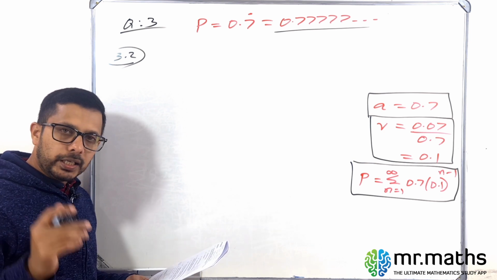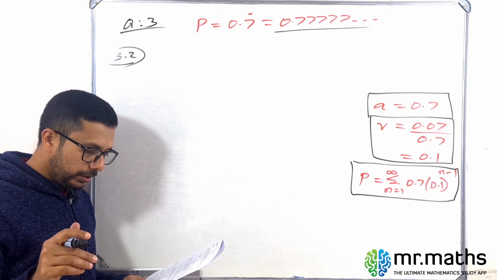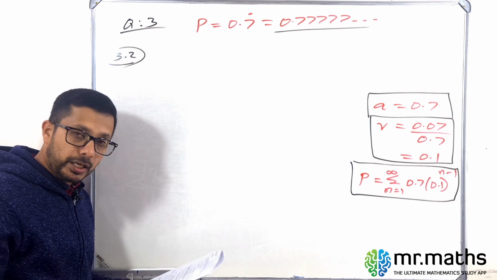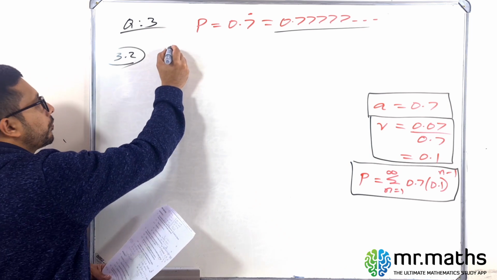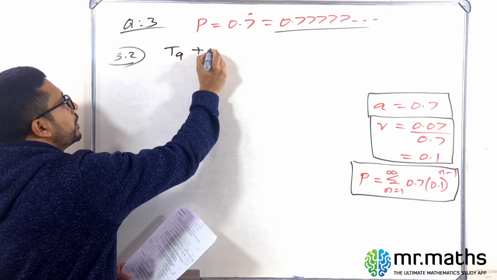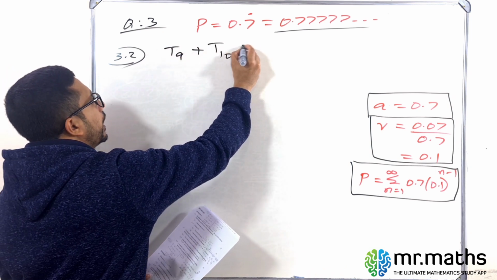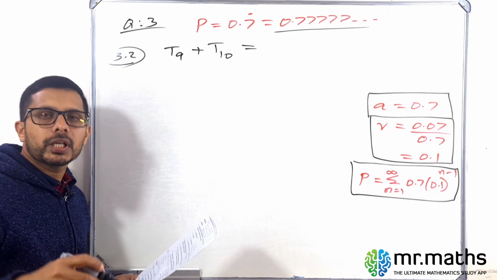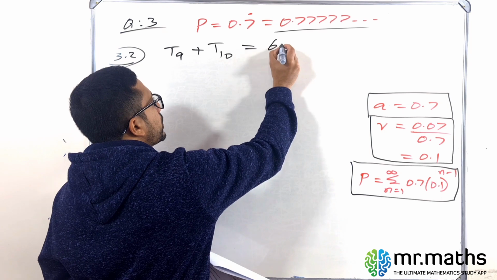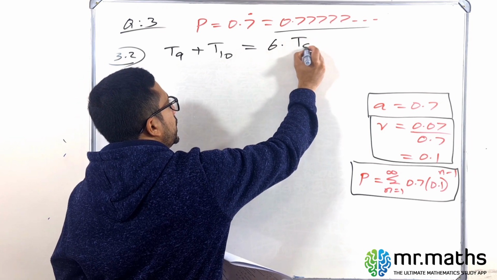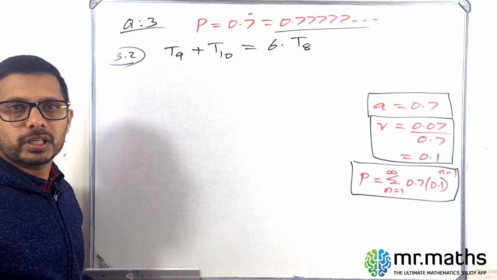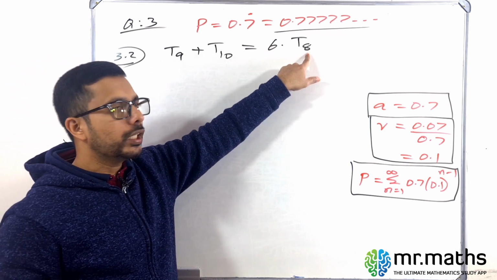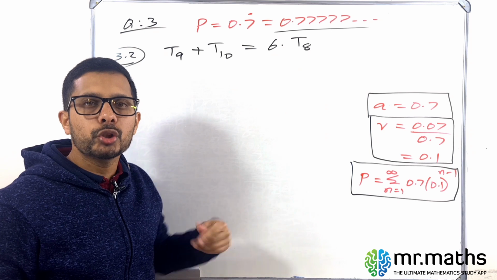The sum of the 9th and 10th term is 6 times the 8th term, T8. You understand? Sum of the 9th and the 10th term is 6 times the 8th term, in a geometric series.